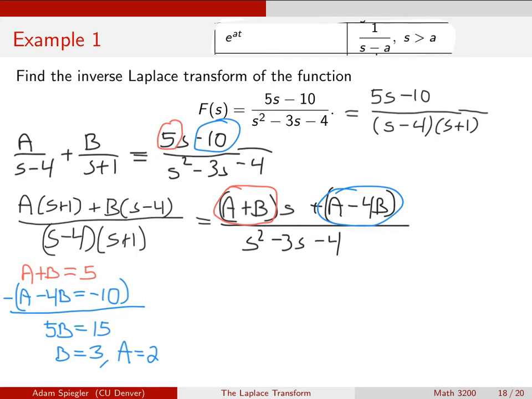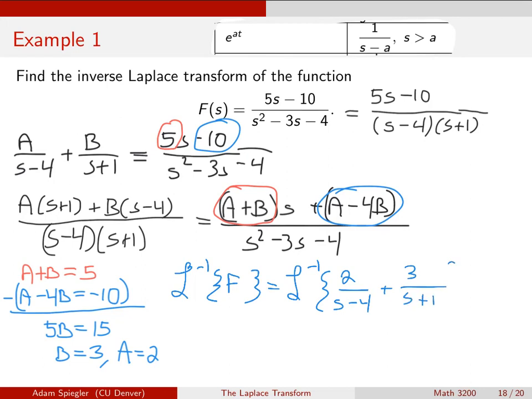So now if I want to calculate the inverse Laplace transform of our original function, that equals the inverse Laplace transform of 2, which was our A value, over (s - 4), plus B, which was 3, over (s + 1).